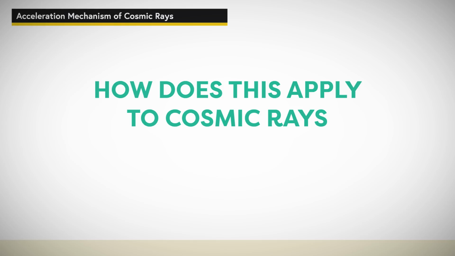This means the maximum energy E_max of a charged particle accelerated in an astronomical object with a size of radius R and a magnetic field B can be estimated on the condition that the Larmor radius cannot exceed the size of the magnetic field. This condition is given by this formula, where Q equals Ze and momentum p is equivalent to mv.